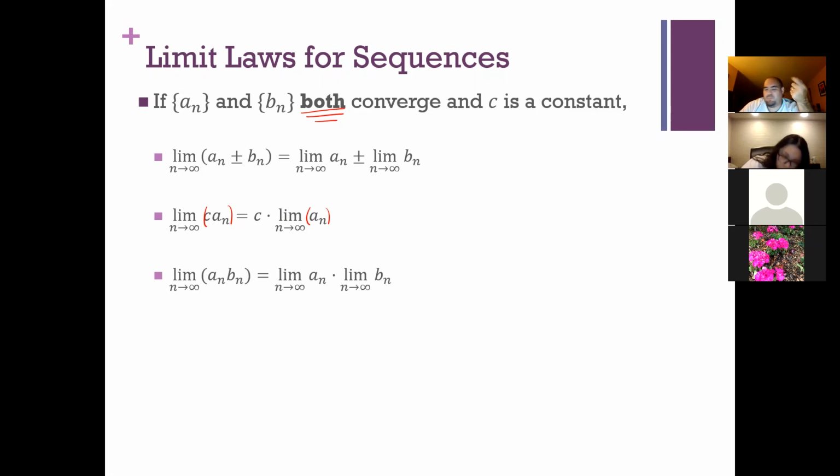If I multiply two sequences together term by term to make a new sequence, I can find the limit of the product from the product of the limits. Division works very much the same way. The only thing you have to be aware of is that the limit of the sequence in the denominator cannot be 0.